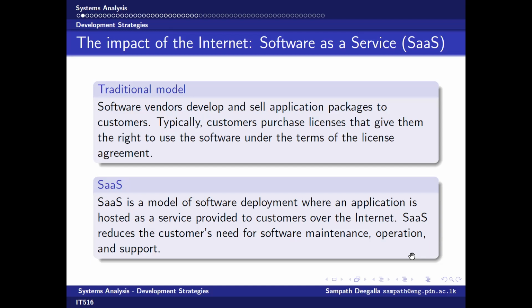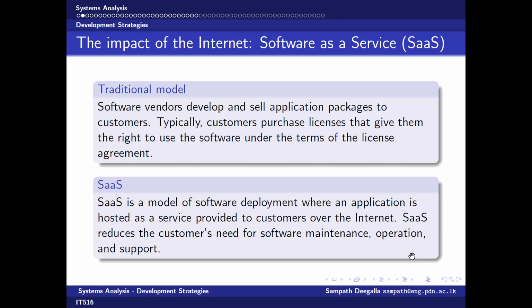Now if you look at what has happened over the internet, most of the time things evolved as software as a service, right? For example, there are three things we will discuss under cloud computing: infrastructure as a service, platform as a service, and software as a service. Since we are discussing software implementation, we can focus on that. In the traditional model, software vendors develop and sell application software to customers, and we purchase a license which users can use under the terms of the license agreement.